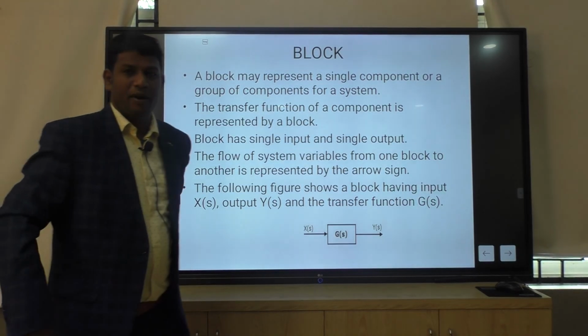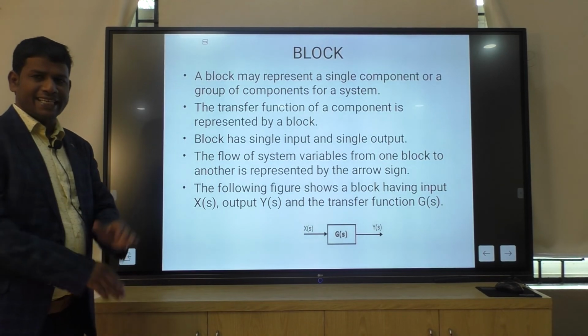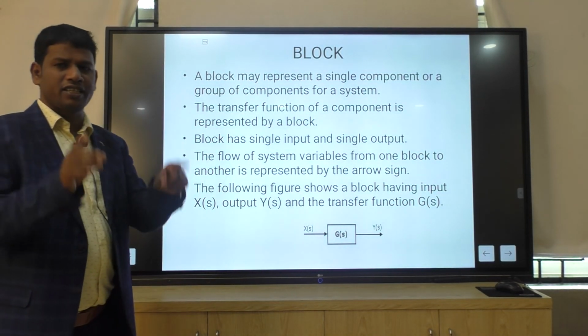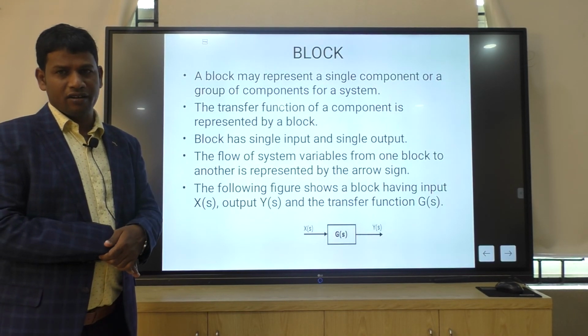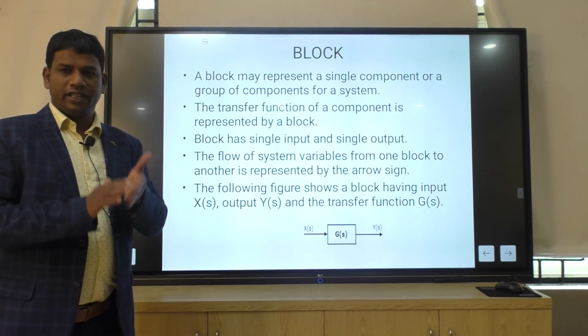First, let us discuss the block. A block may represent a single element in a control system. A particular system contains many elements, like the previous automatic electric iron: there is a thermostat, a heating element, and a sole plate.